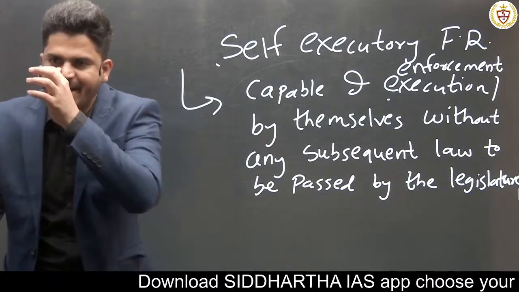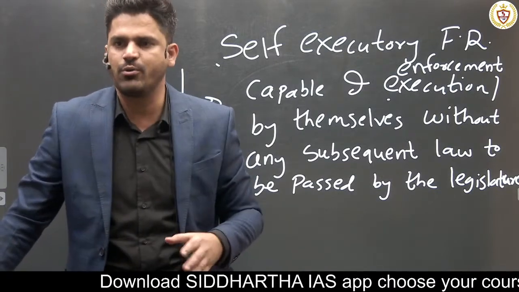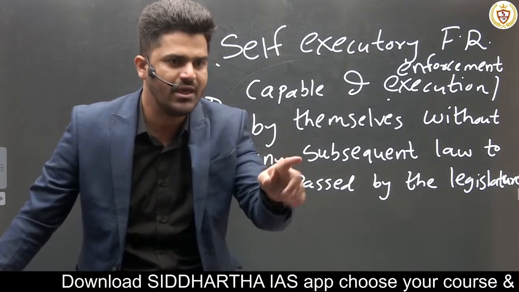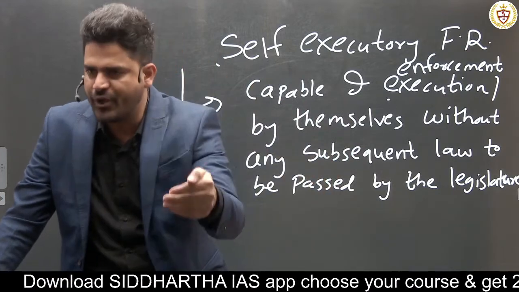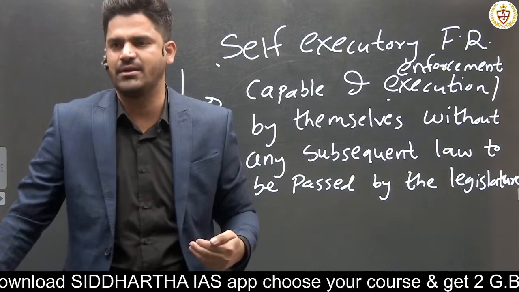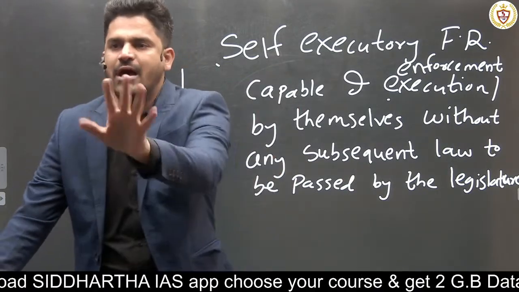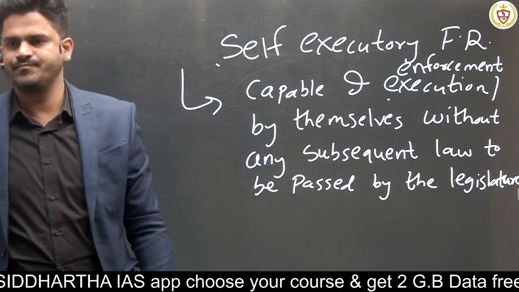Does Parliament have to pass any law to enjoy the right to equality before law and equal protection of law? No. Right to equality before law and equal protection of law under Article 14 is capable of self-enforcement. It is capable of execution or enforcement by itself without depending on any law to be passed by Parliament.